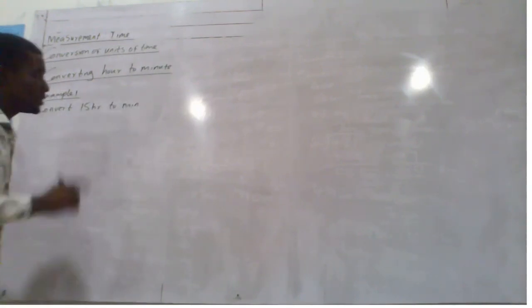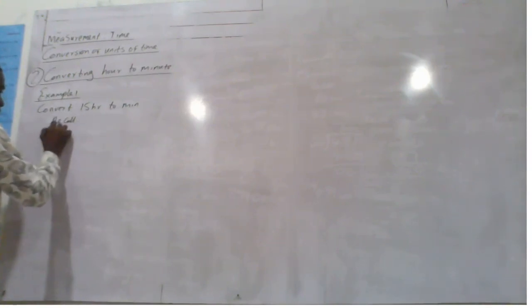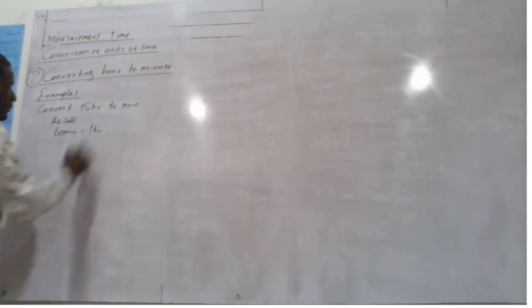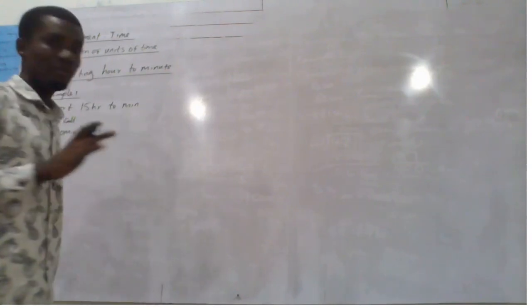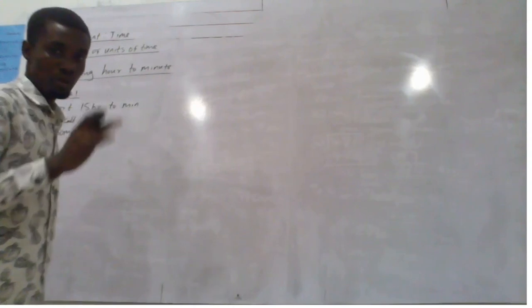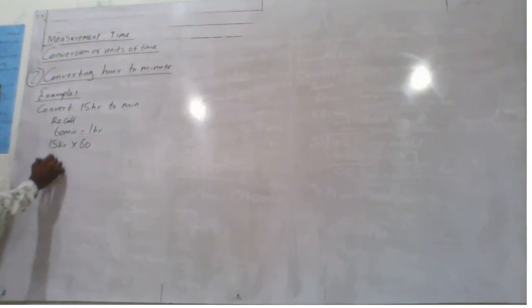Recall that 60 minutes equals 1 hour. And the first rule says that when you are converting from large units to smaller units, you multiply. So we go 15 hours times 60.